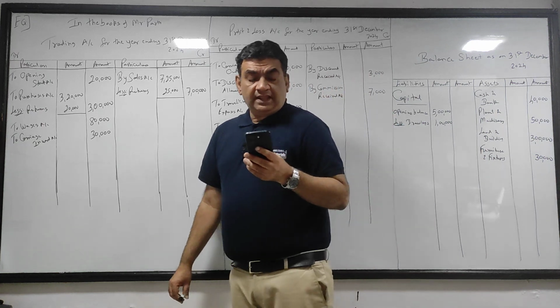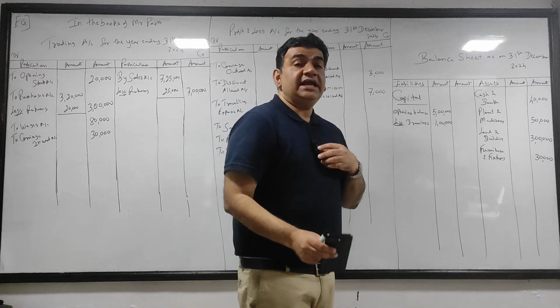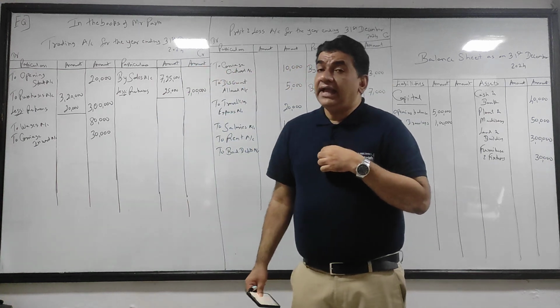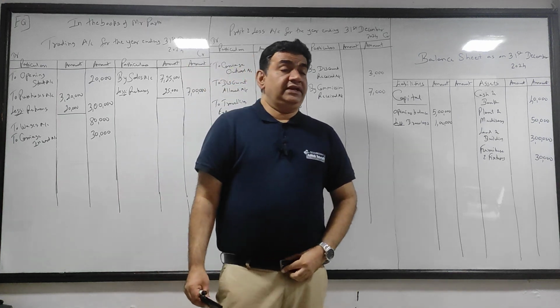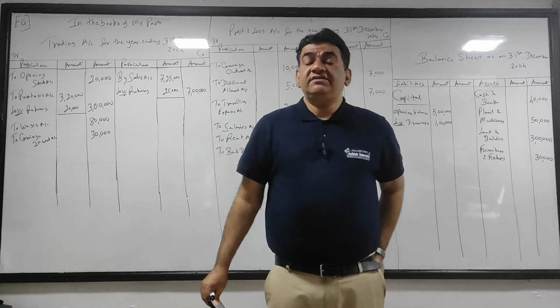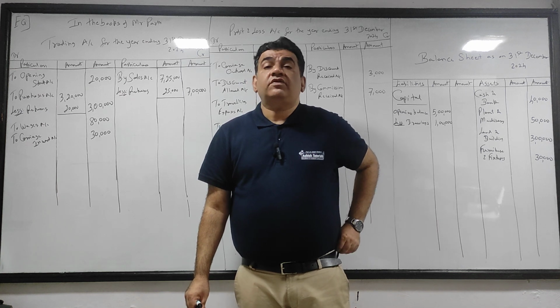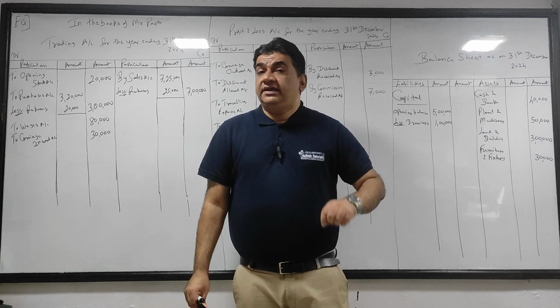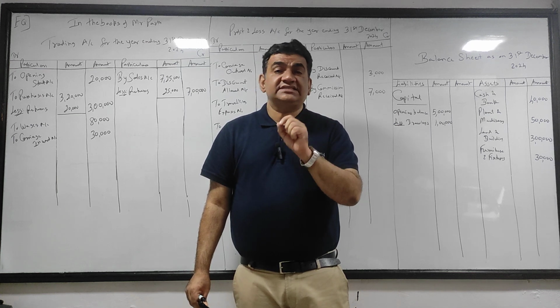Clear? Next, sundry debtors. मैंने क्या बोला था स्टार्टिंग में? Anything receivable is an asset, anything payable is a liability. When I say sundry debtors, debtors मतलब debtors are the people from whom we have to recover money. And remember, some people call it as debtors. It is not debtors. B is silent.